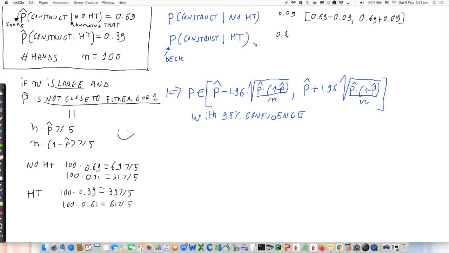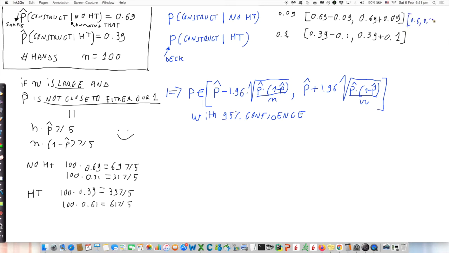And for this guy here it is 0.39 minus 0.1, 0.39 plus 0.1, right? So if we do this computation, it is quite easy now. This means that the probability of having construct with no hand trap is between 0.6 and 0.78. Let me write it here.